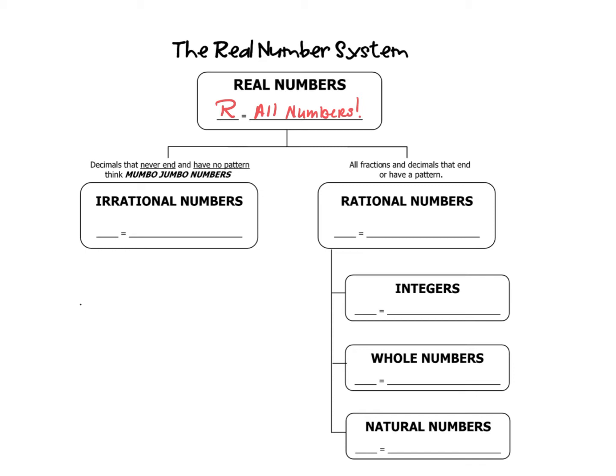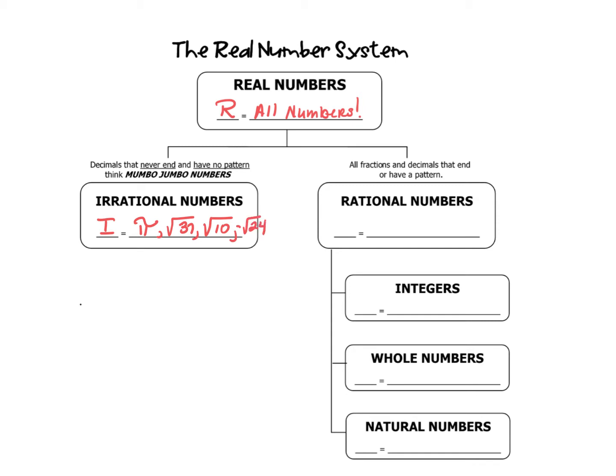When we talk about irrational numbers, these are numbers that never end and have no pattern. So they're huge numbers. The symbol for irrational numbers is I, and they look like this: pi, the square root of 37, the square root of 10, and the negative square root of 24.